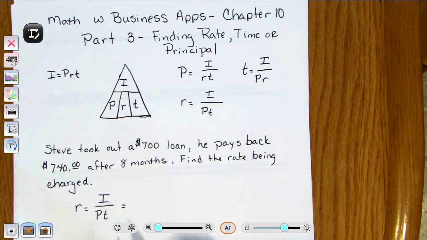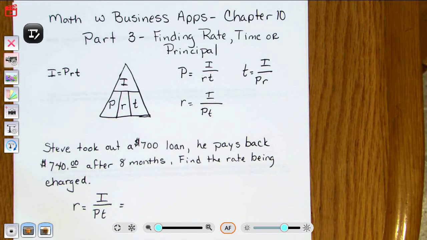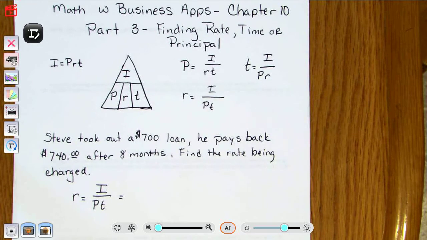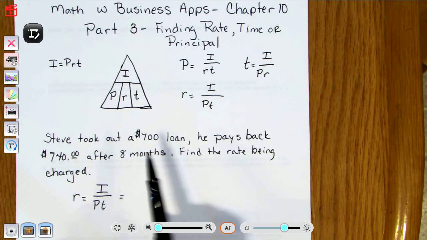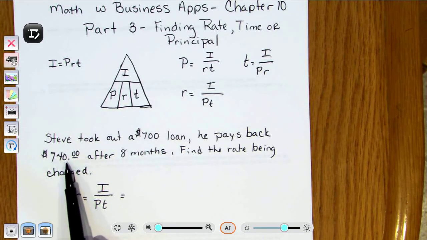Now the first thing I'm going to look for is my I, remembering that I stands for interest, or the amount charged for the borrowing of money. If he takes out a $700 loan and pays back $740, the extra amount that he had to pay was that interest.